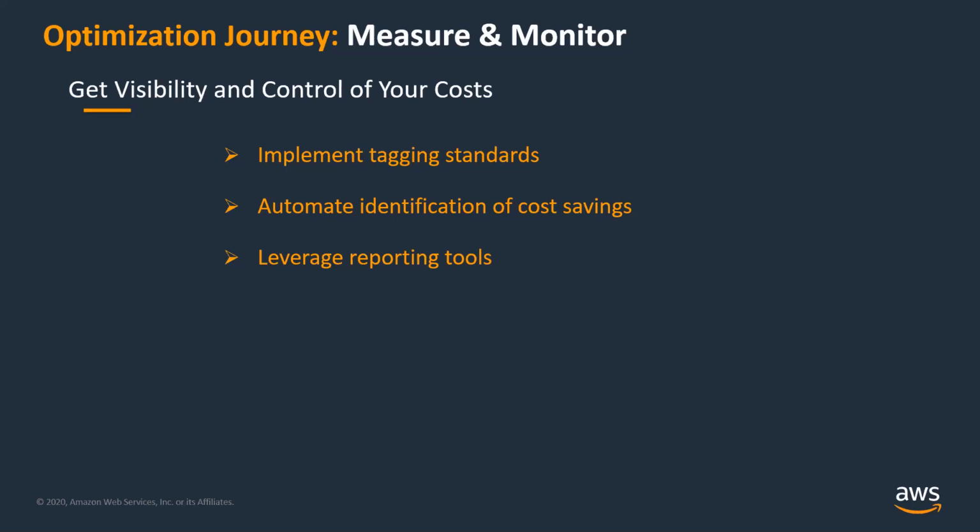And these reports also include recommendations for optimization. To take full advantage of these tools and reports, it's very essential to tag all your cloud resources appropriately so that you can categorize them and identify which resources are over provisioned or under provisioned. And tagging can help you to automate the identification of cost saving opportunities.